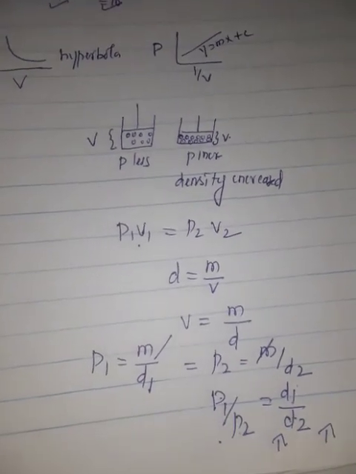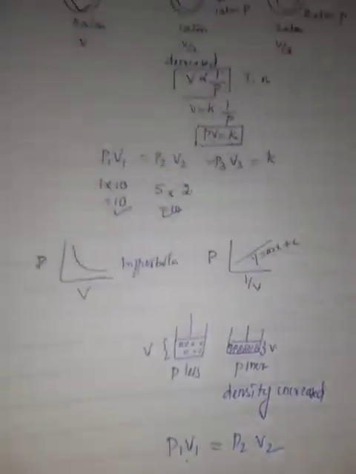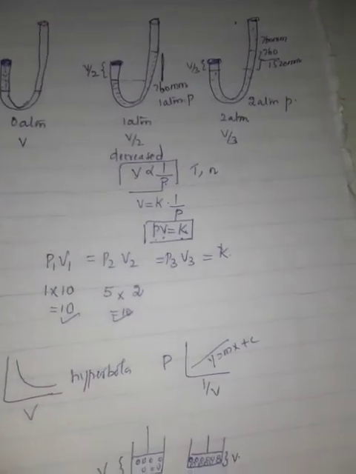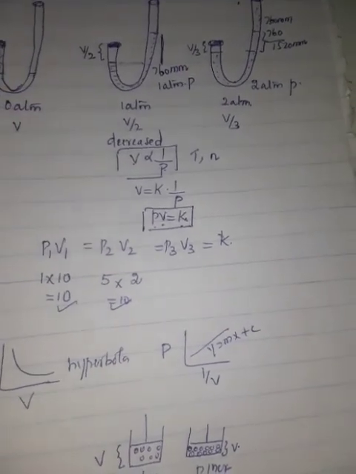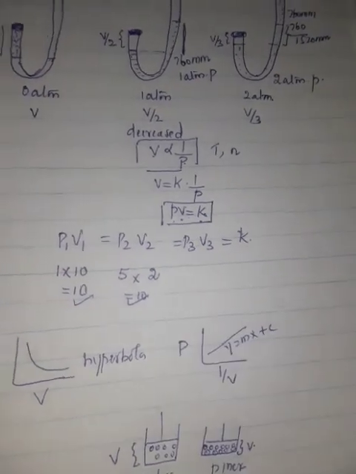Otherwise, P1 by D1 is equal to P2 by D2 can also be written. This is the experiment based on Boyle's law. So Boyle's law says that at constant temperature, the pressure of a gas is inversely proportional to its volume.